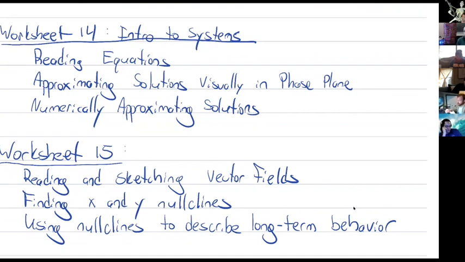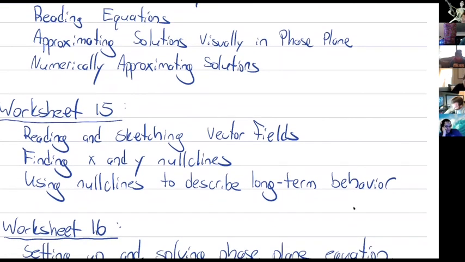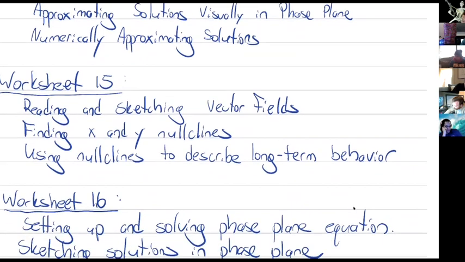So worksheet 14 was, here's the big picture. And then we broke that big picture down into smaller chunks.